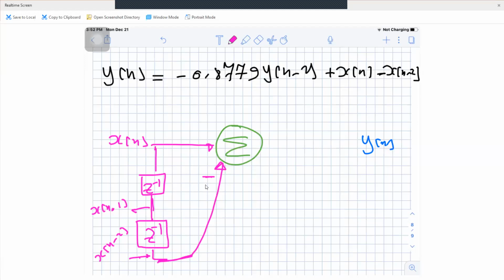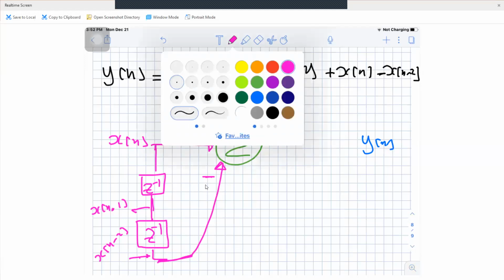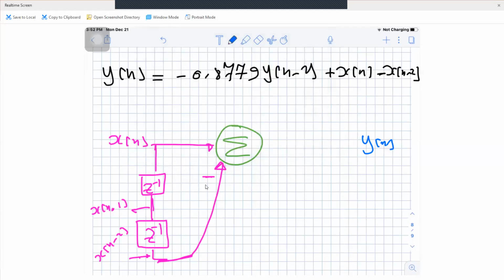Well, now, let's go to the y side. The output of the summation represents y, but we have a feedback from y. Look, please, here we have y of n minus 2. So I am going to take a line from y, delaying by one element.